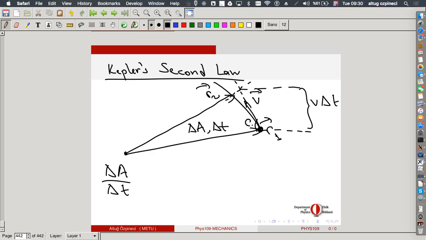Let's say this angle over here is theta. This is the height of the triangle. Now the height of this triangle is nothing but v delta t. No, sorry, the graph over there is somewhat incorrect.